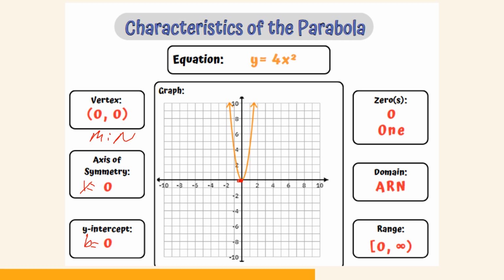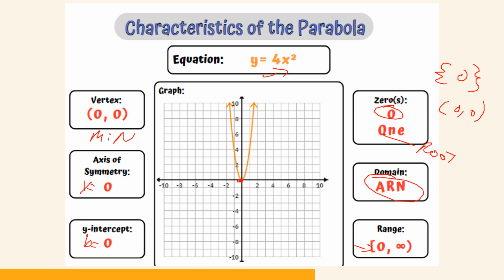Since it touches the x-axis, we say it has one solution or one root, which is 0. You could also, once again, write it as an ordered pair or in brackets. Domain is all real numbers. And we can't get anything smaller than 0. No matter what number we plug in here, it's going to be bigger than 0.